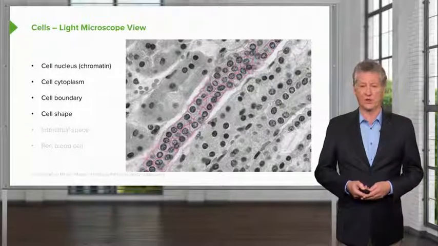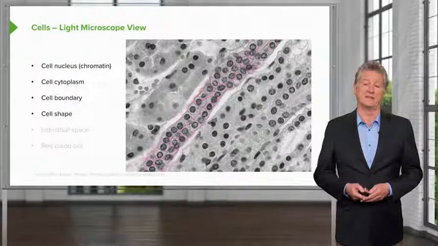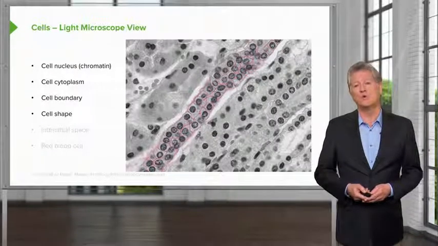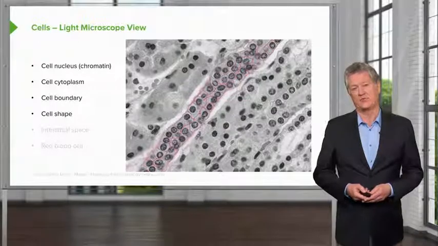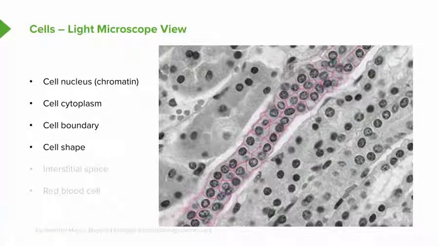And you can tell when you look at the cell boundaries roughly what the shape of these cells are. They tend to be a more cuboidal shape rather than a columnar shape. And another way in which you can tell that is to look at the nuclei. Generally, when you see a nice round nucleus, it means that the cell is cuboidal. If the nucleus was elongated, it would mean that the cell was columnar.